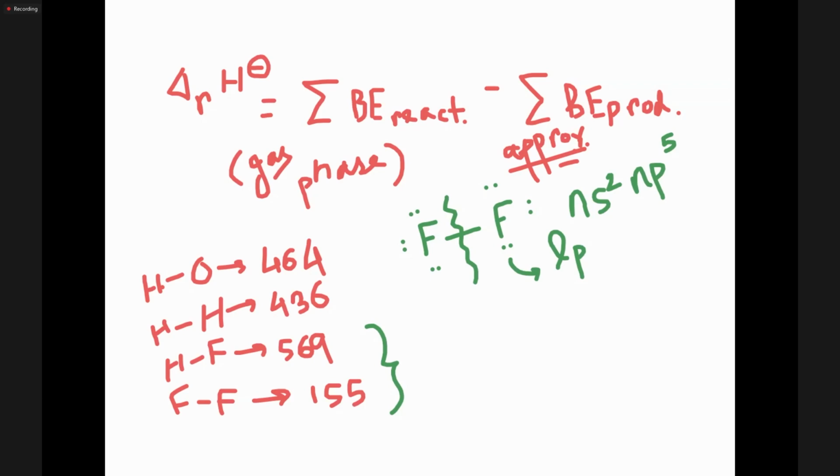When one mole of a substance is dissolved in a specific amount of solvent, the change in enthalpy is termed the enthalpy of solution. So the enthalpy change when 1 mole of substance is solvated in a specific amount of solvent is the delta H solution.